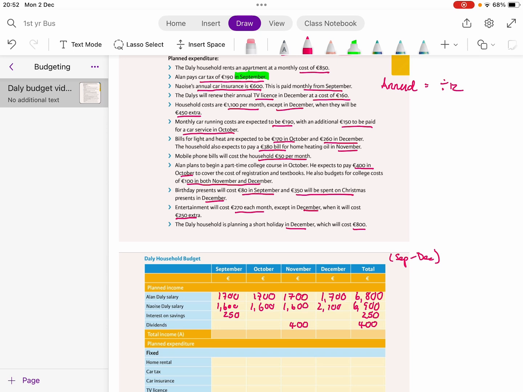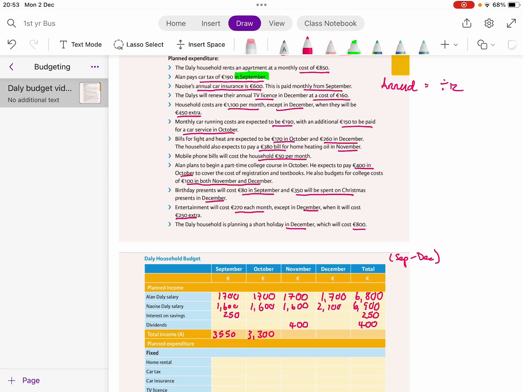So I'm going to start in September. I'm adding together my 1,700, my 1,600 and my 250, and I end up here with 3,550. Okay, I then have my October figure, and that's 3,300.